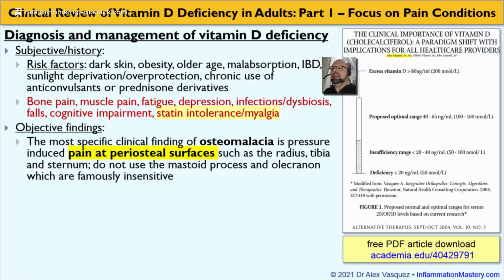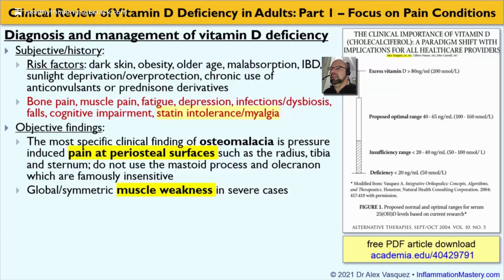But what you want to do as a clinician is apply a modest but significant pressure at the radius, the tibia, and the sternum. Do not use the mastoid process and do not use the olecranon because those surfaces are famously insensitive. Global and symmetric muscle weakness in severe cases.